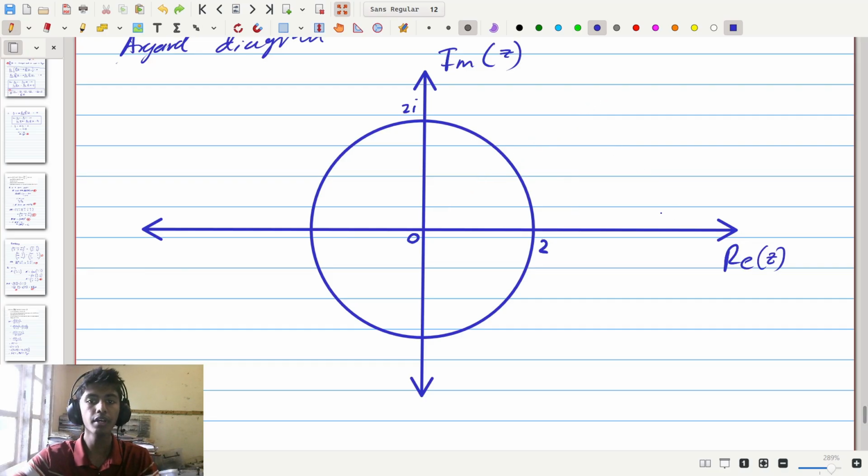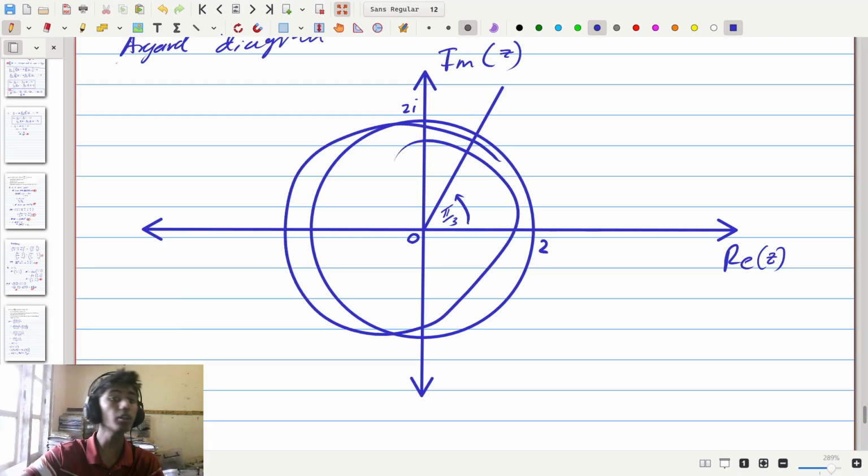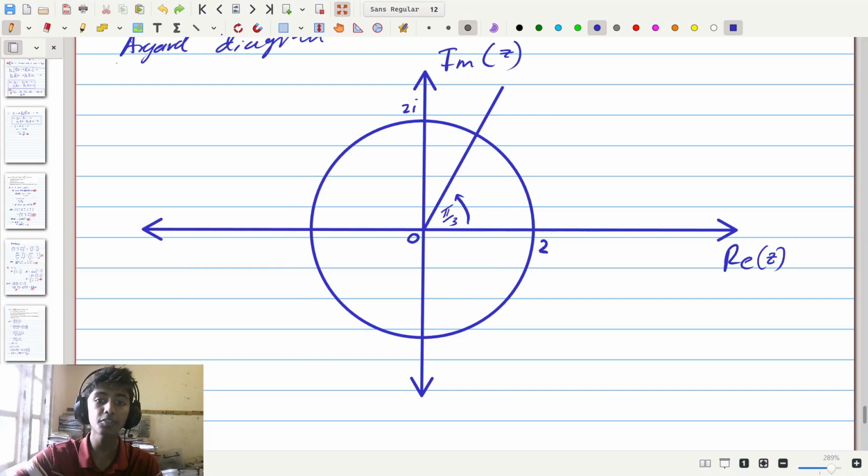So therefore, if we draw a line that has an angle of pi by 3 relative to the positive real axis in the anti-clockwise direction like this, we can label this angle with an arrow to indicate we are turning in the anti-clockwise direction, and we label this angle as pi by 3. Now we know that z must be somewhere on this line. Additionally, since we know that z is also on this circle, since the modulus of z is equal to 2, we can say that this point right here, the intersection of these two, must be z.